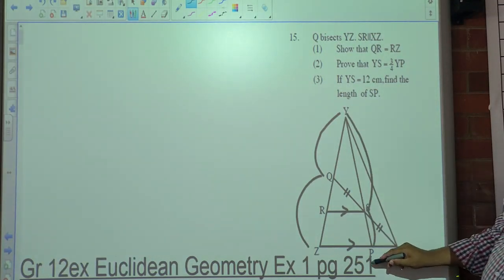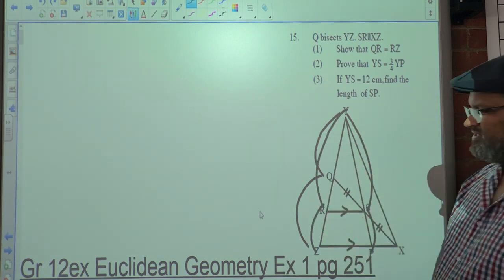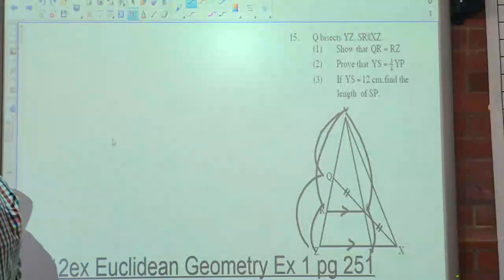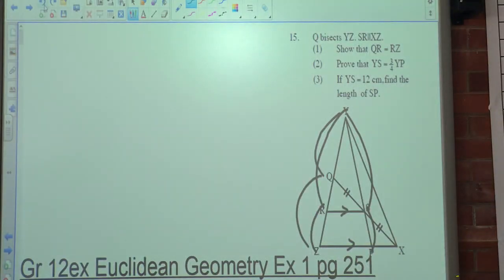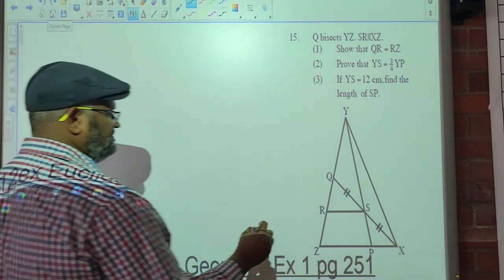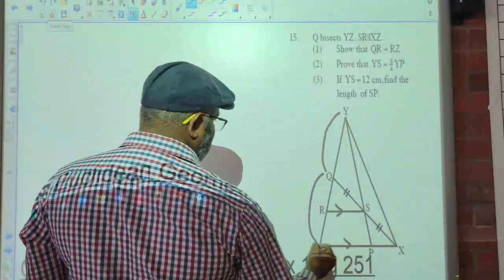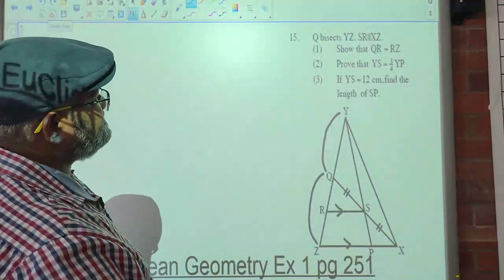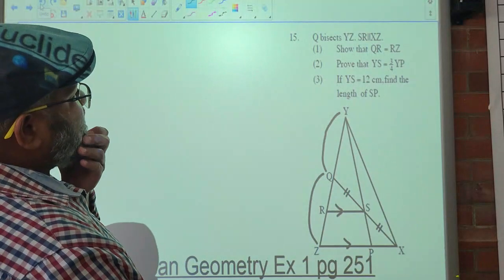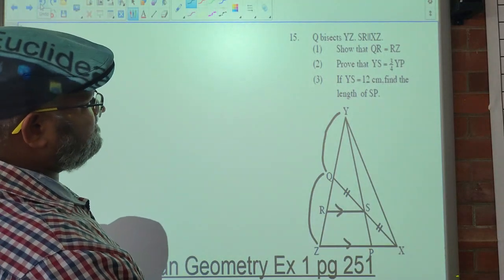YS over SP is equal to YR over RZ. The question is: show that QR is equal to RZ.